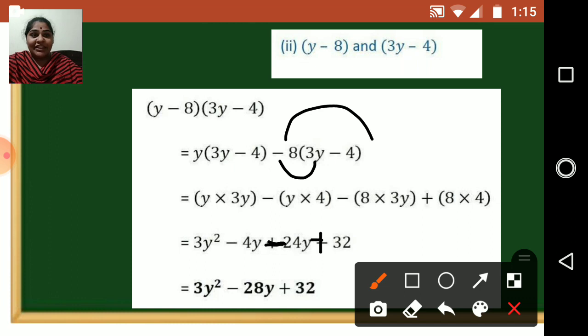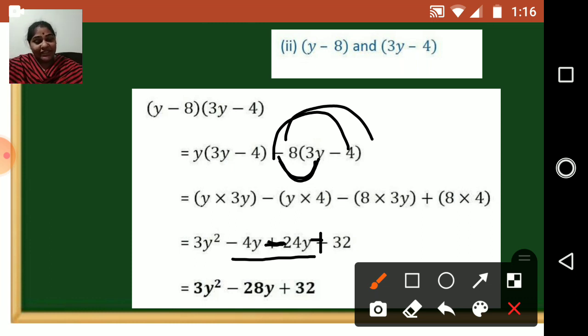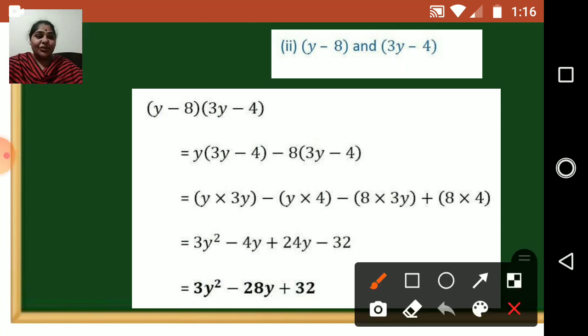So these signs, please make a correction. Negative into negative will be positive. Negative into positive will be negative only. So it will be negative negative, that is you have to add, and sign will be negative only. So 3y square minus 28y plus 32. Once again I'll show you.